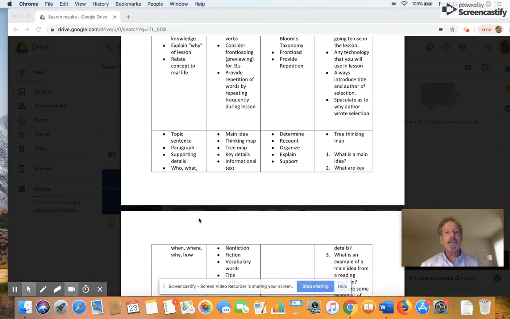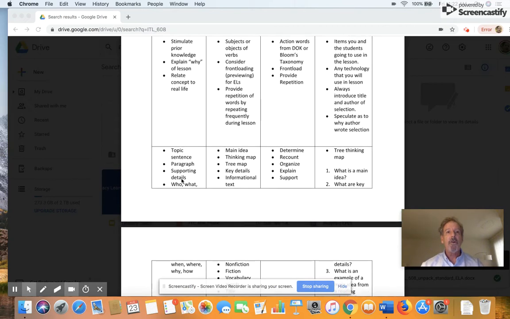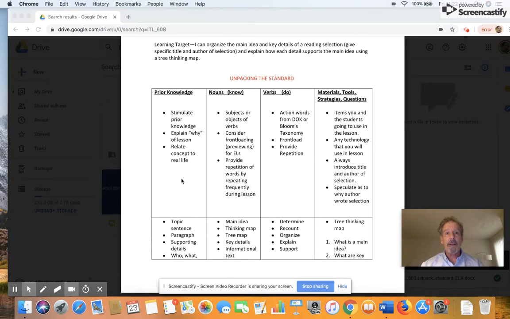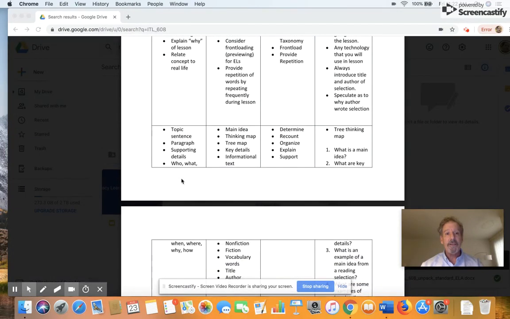And relating the lesson to real life, if you're considering a whole article, you can consider a newspaper article. Newspaper articles are written so that the readers can identify the who, what, when, where, why, and how of the article, and then the other information comes afterwards. So if students are reading a newspaper article and filling out a thinking map for it, you want to think of the supporting details in terms of the who, what, when, where, why, and how.